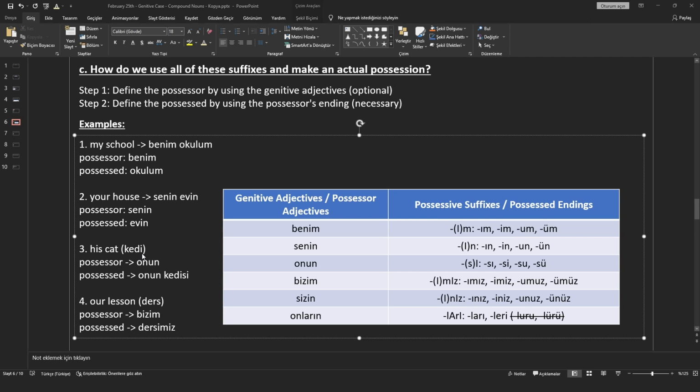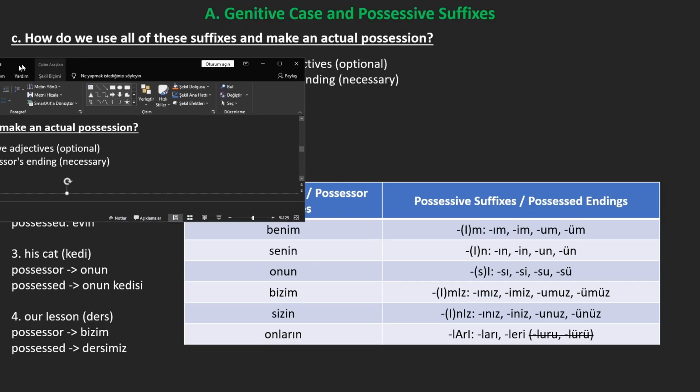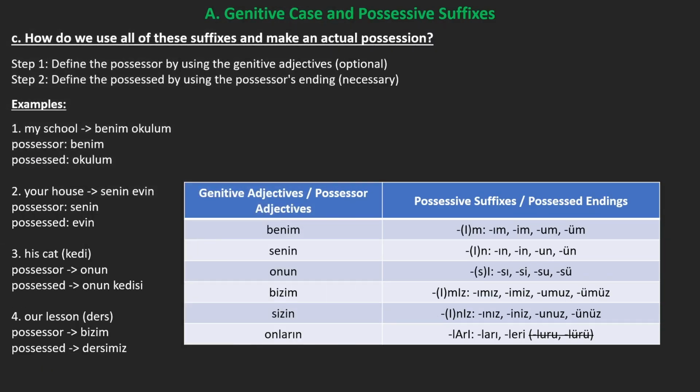Okay, so I think this part is clear. Oh, we have our table. I think this part is clear. So if there are no questions about this, I will move to the next part. So far, it could be confusing if you don't know the vowel harmony, but all of this depends on the vowel harmony.